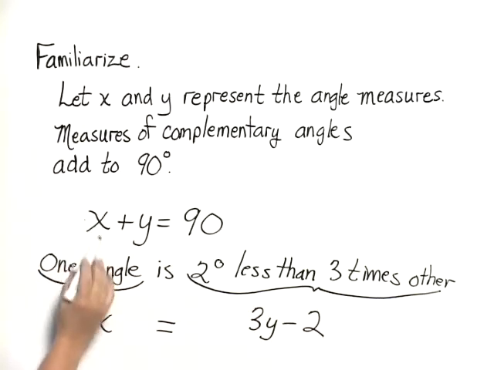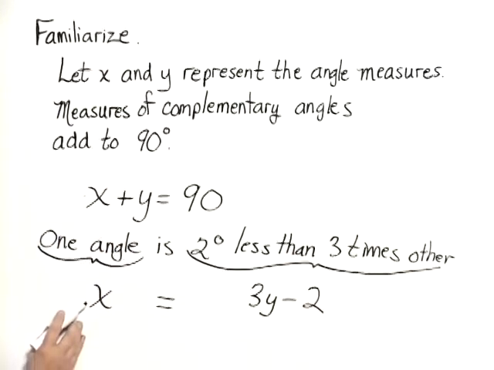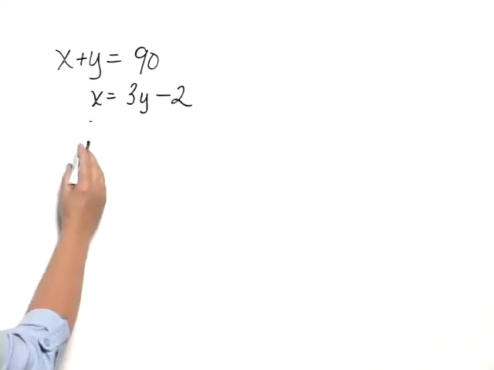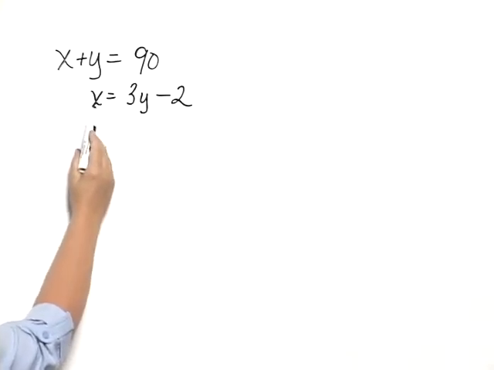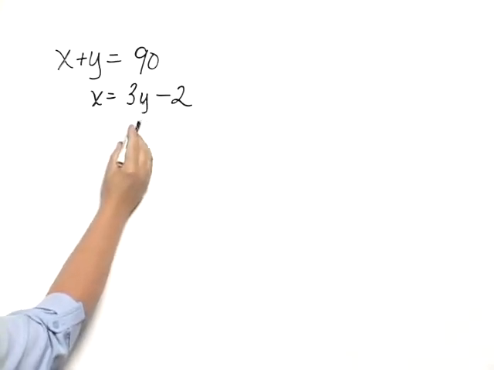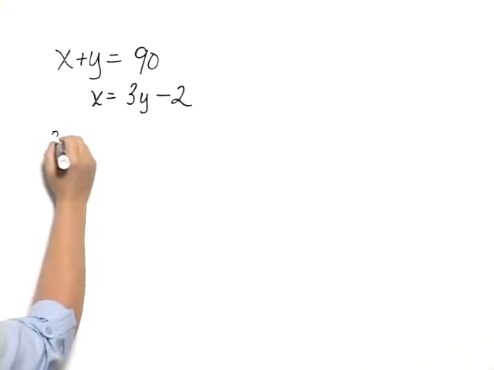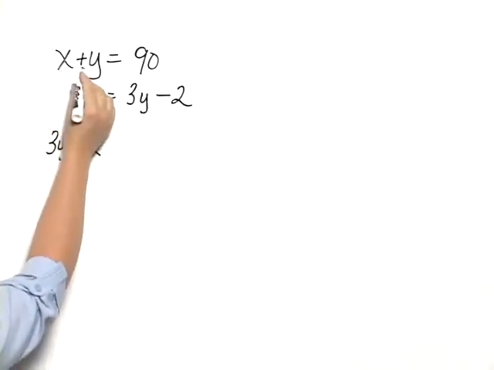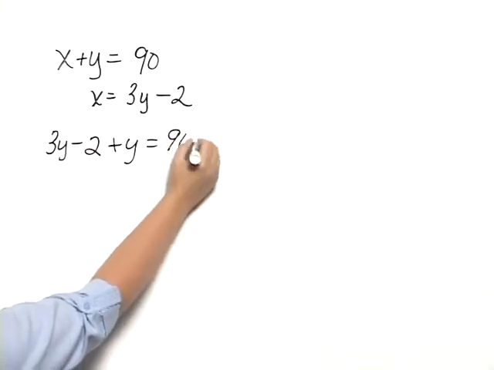And this equation and this equation gives us a system of equations that we can solve. To solve this system of equations, we'll use substitution because we have the second equation already solved for x. We'll substitute 3y minus 2 for x in the first equation. That gives us 3y minus 2, that's the x, plus y equals 90.